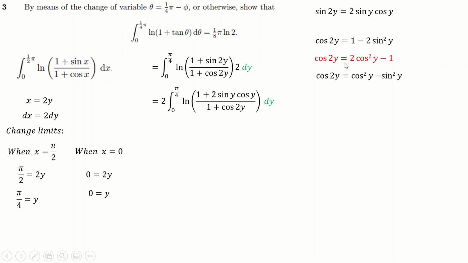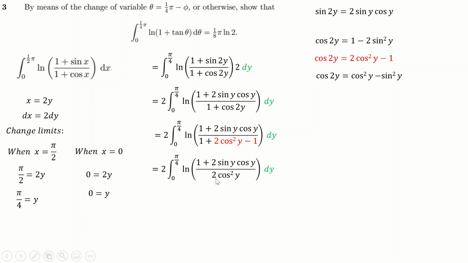And this one is calling out to me because it has a -1 in it, which means if I put it into here, it's going to cancel with that +1, right? 1 minus 1, and I end up with a single term on the denominator. And even if I just try one of these things and it doesn't end up working out, like I said, you've got lots of time in STEP, so just try one of the other things. Don't get upset, just try something else. But this one called out to me because of the -1.